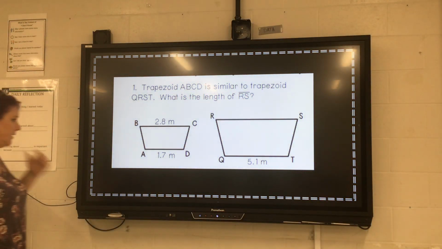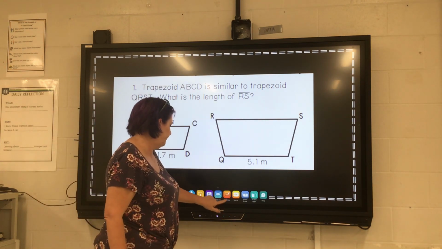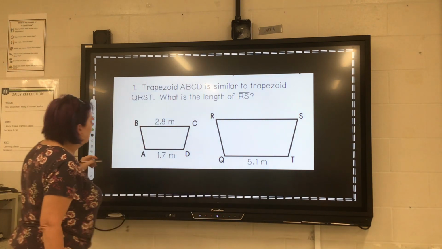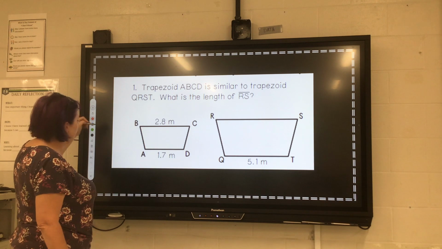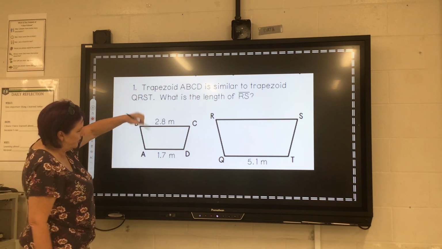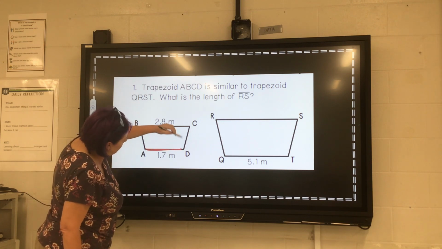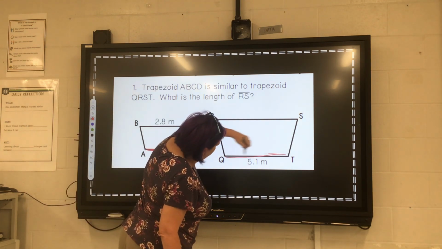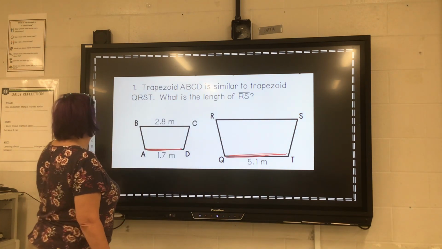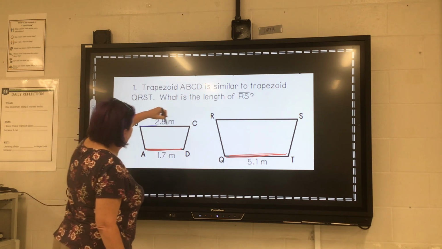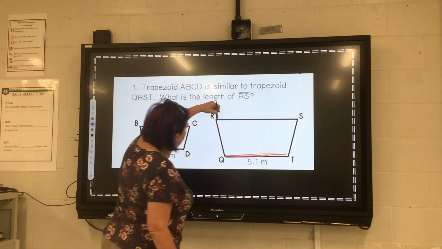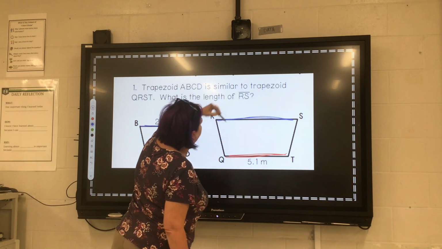Okay, our next example. On this one, we're going to mark each of the sides that correspond. So this side right here, this A to D, is the same one as Q to T. And our B to C is the same as R to S.